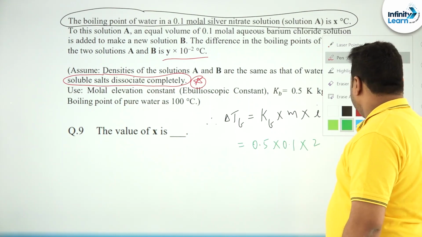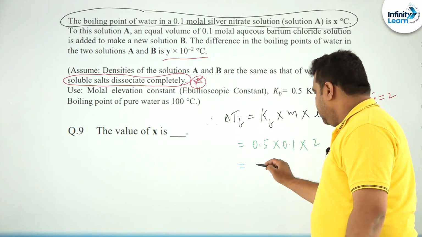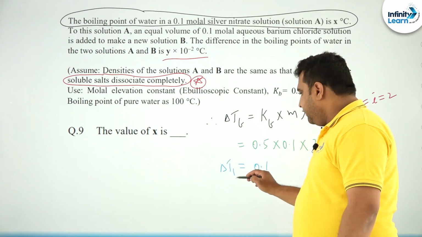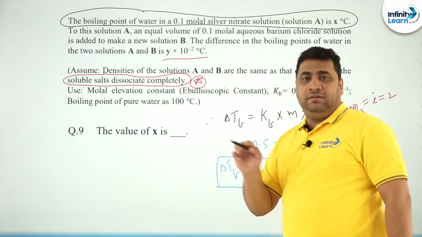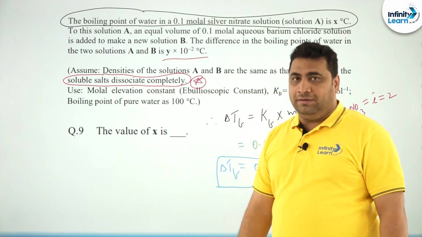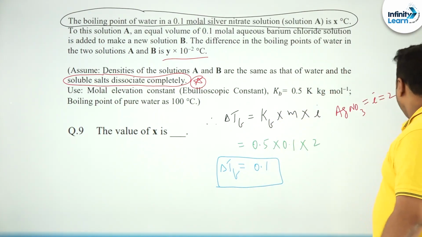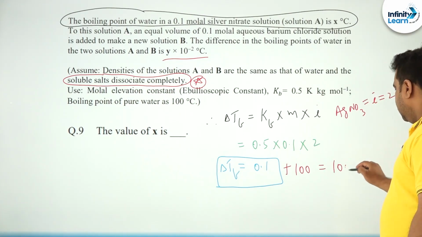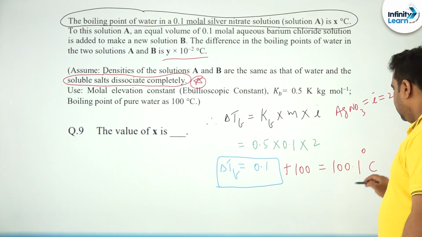On solving this, you are going to get 0.1. Remember dear students, this is delta Tb, nothing but the difference, 0.1. The solution is not boiling at 0.1. So to this we have to add the boiling point of water, that is 100. So the answer is 100.1 degrees centigrade.